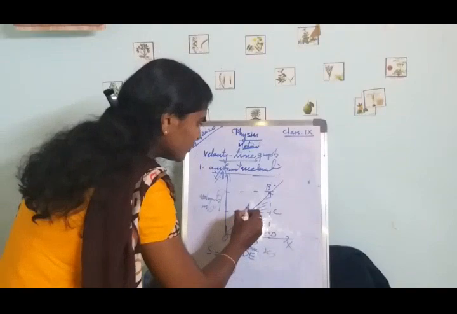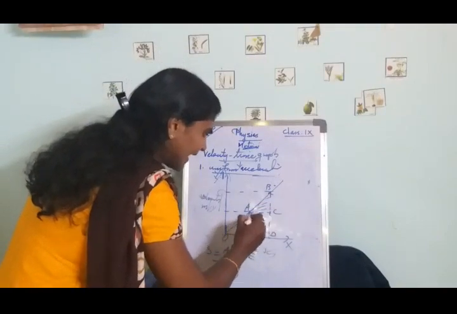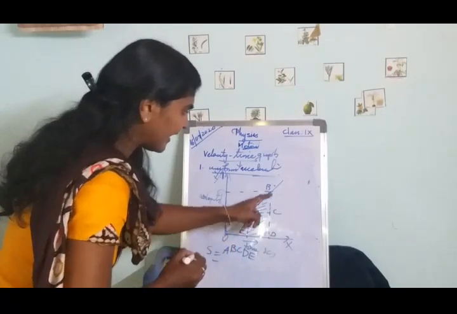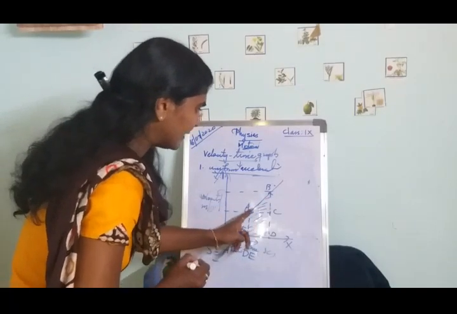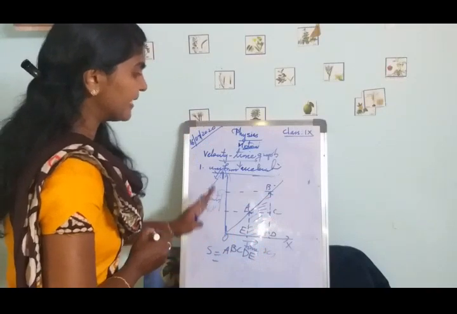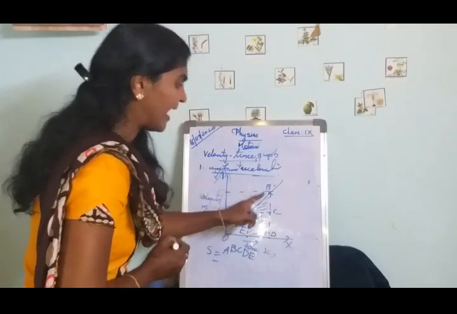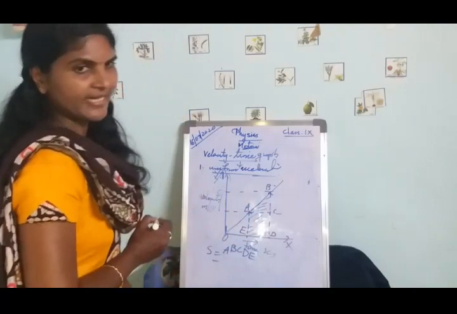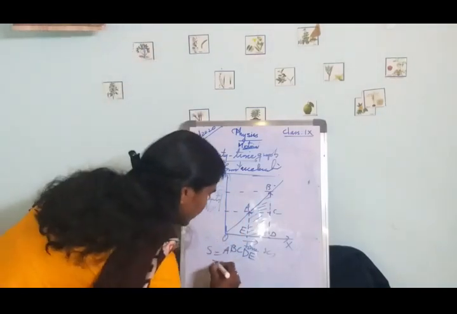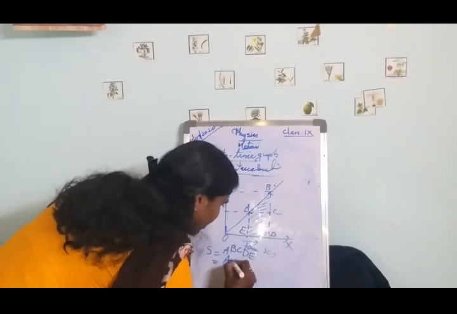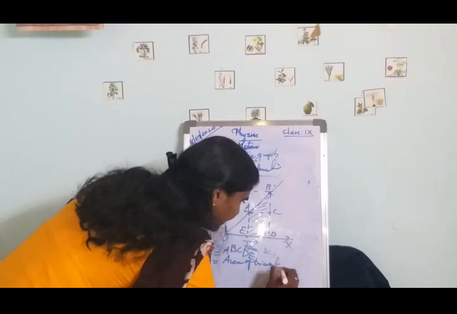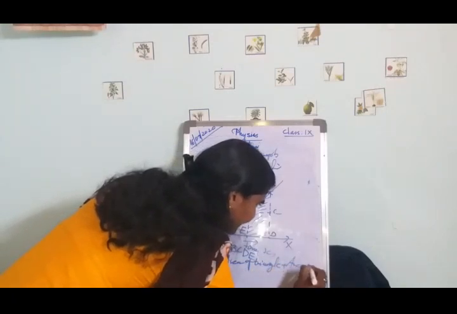It includes a triangle and a rectangle, the triangle ABC and the rectangle ACDE. So the total area is the sum of the area of the triangle plus the rectangle. So we can write the distance travelled is equal to the area of the triangle plus the area of the rectangle.